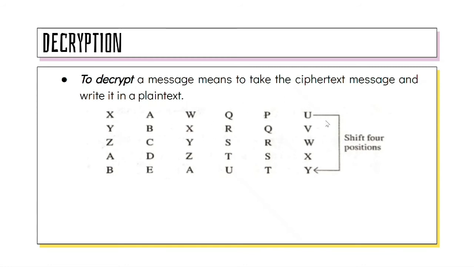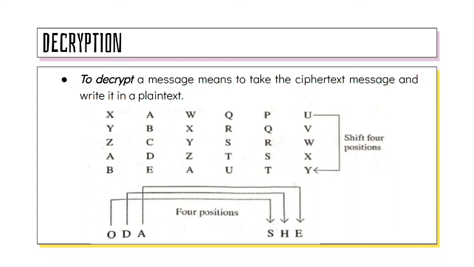And take note of how many positions they were shifted. From this message, 1, 2, 3, 4. So it was shifted by 4 positions until we see the plain text. Now the same with this ciphertext message, ODA.